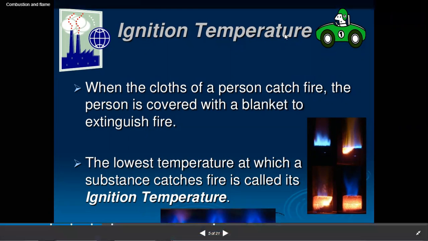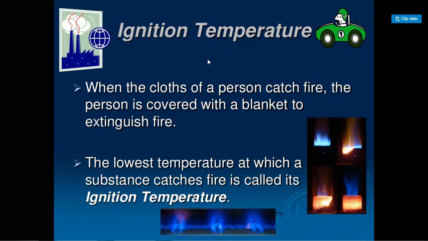In the same way, if a house catches fire and electricity is not the cause, suppose the wood is burning, what we used to do is throw water on it. Why do we throw water? To increase the ignition temperature. Why does the burning stop when we throw water over that burning piece of wood?